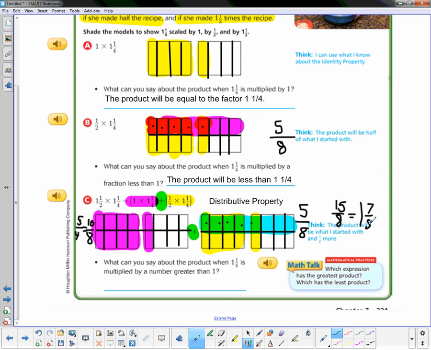That is a lot bigger than 1 1/4. So that was a really long way for us to figure out that the product will be greater than both of the factors.